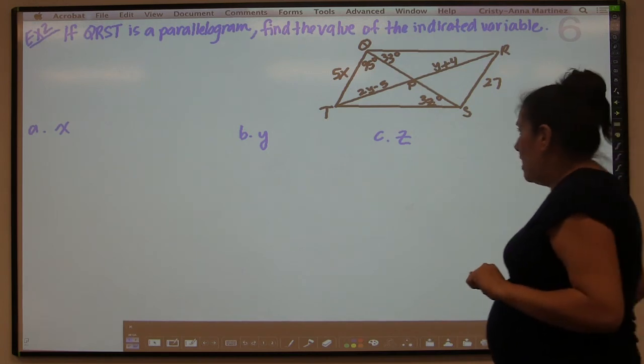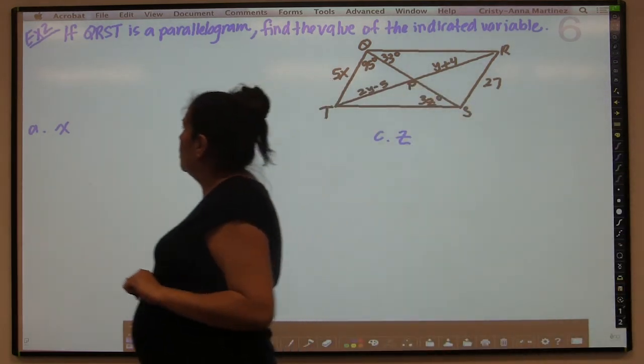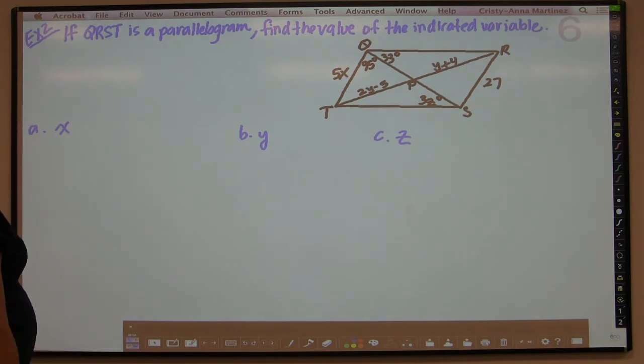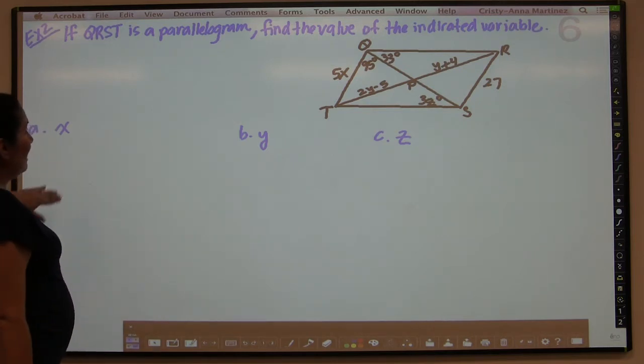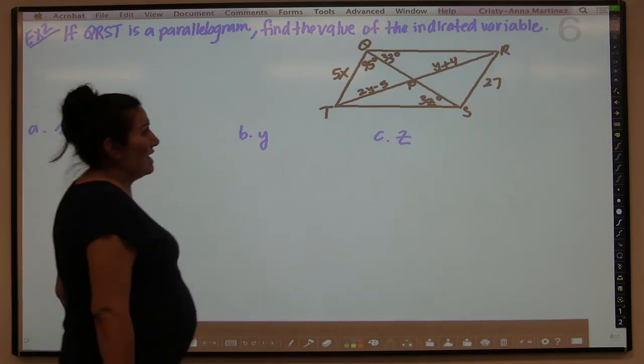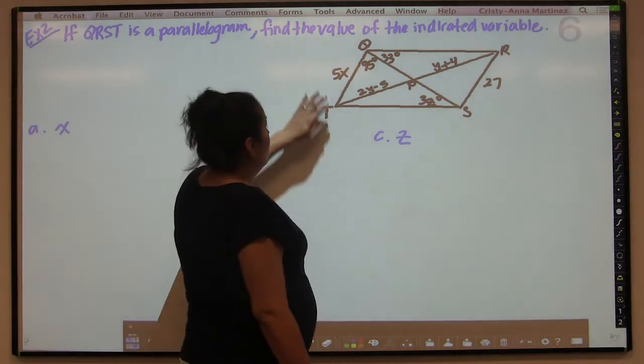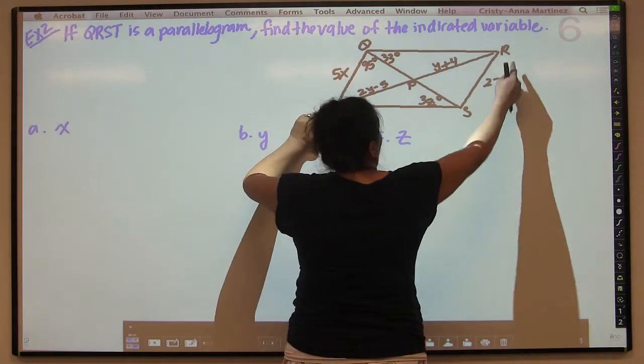It says here, if quadrilateral QRST is a parallelogram, find the value of the indicated variable. So to find x, we know that opposite sides of a parallelogram are congruent. So QT has to be equal to RS.